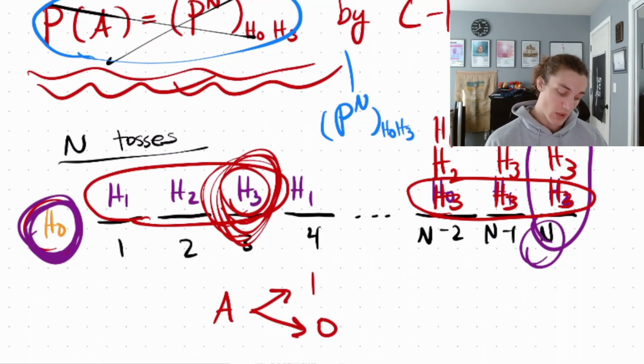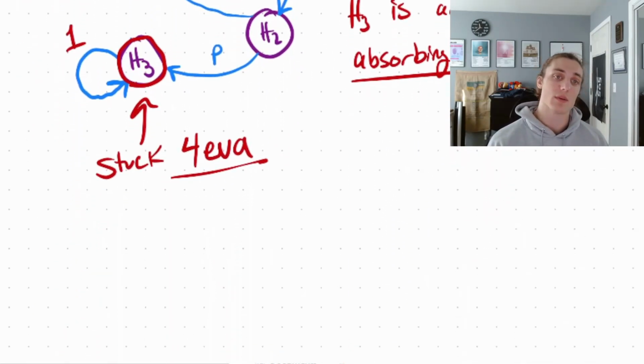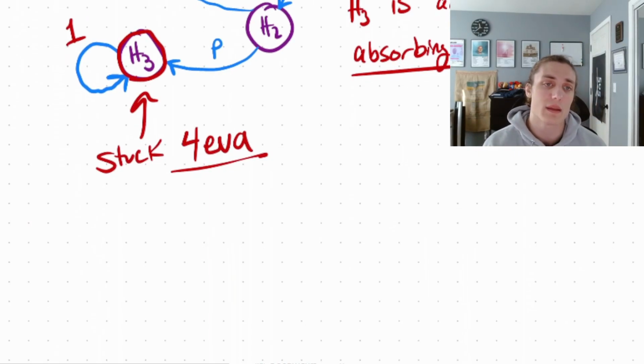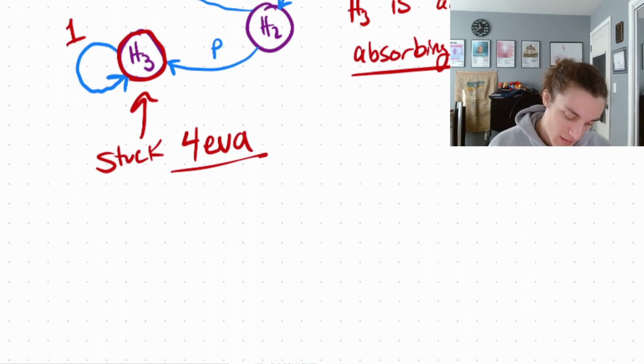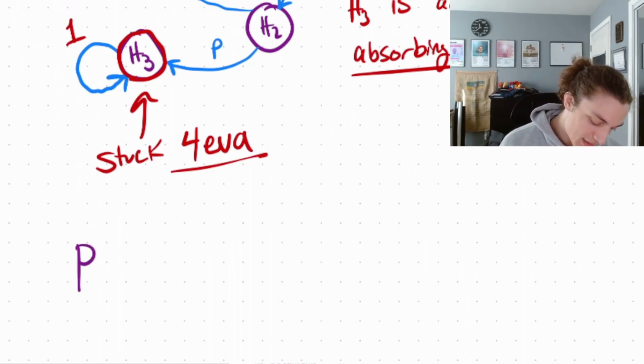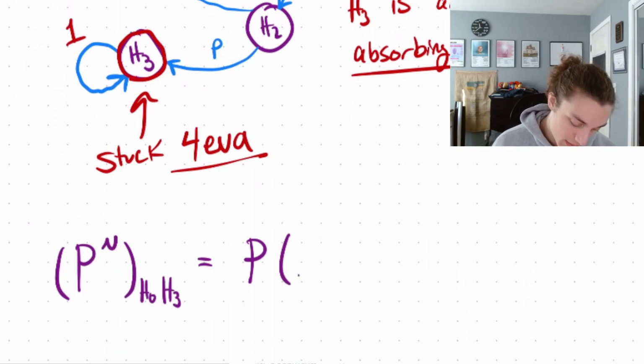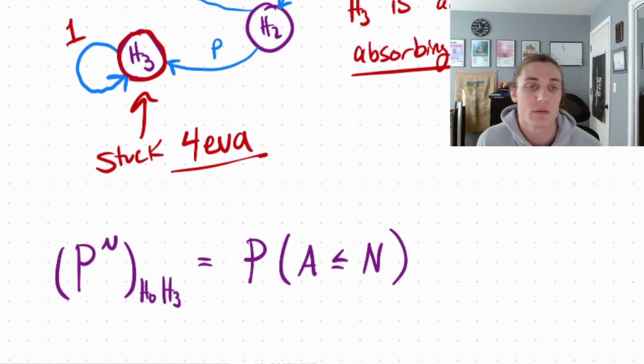Okay? So essentially, if we use Chapman-Kolmogorov, P to the N, H0 to H3, is the probability that event A occurs in less than or equal to N steps.